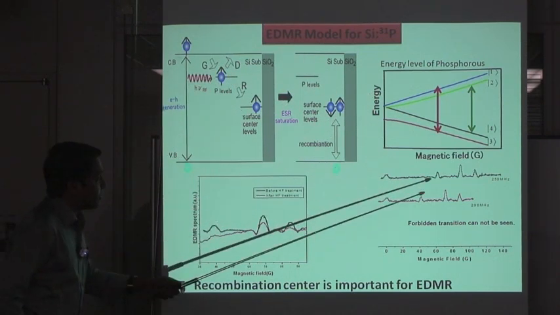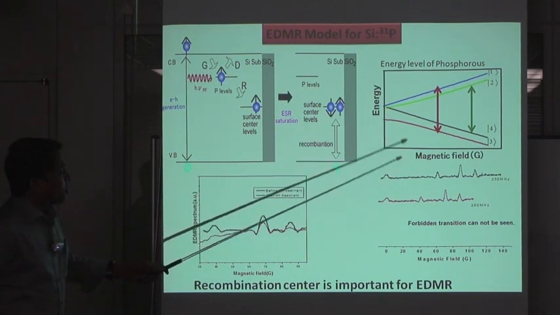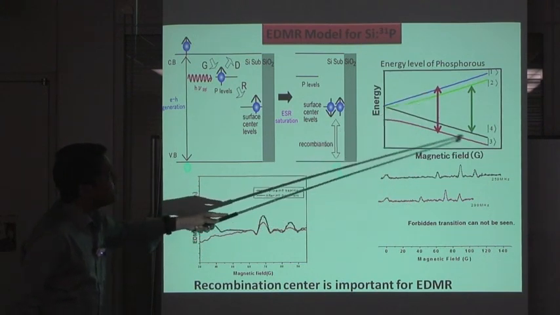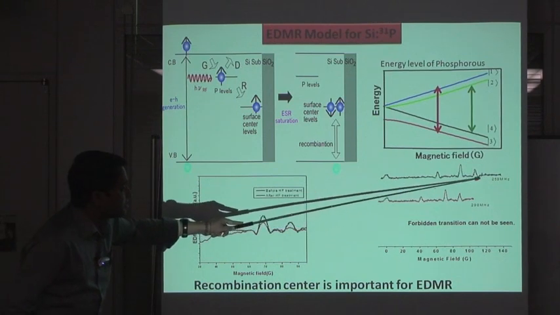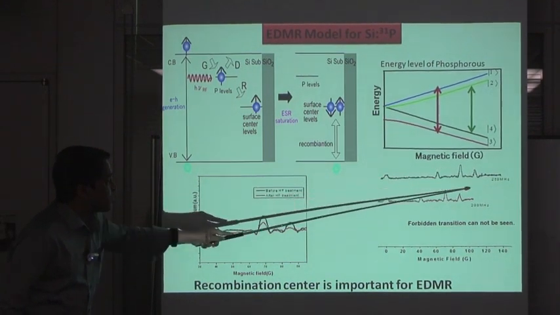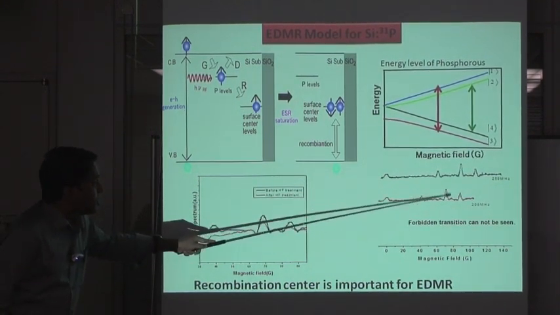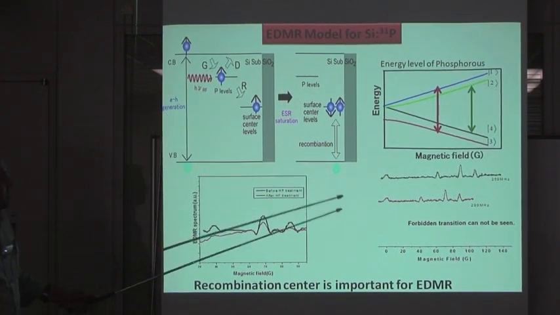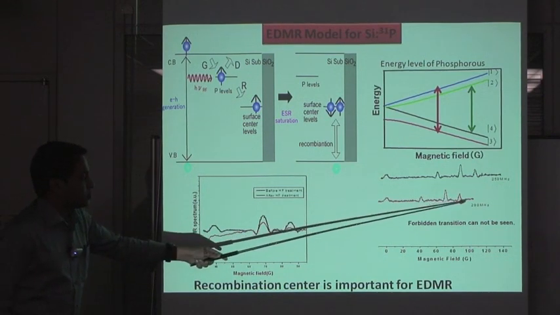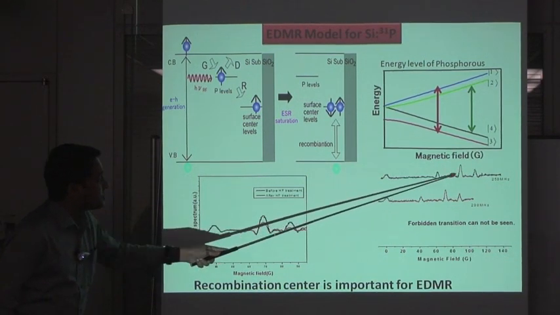So I show you my results of phosphorus. You see that these are the two ESR transitions which I was talking about earlier, and here are the signals of phosphorus. These two are the phosphorus signal. In the center you have a peak which is from the surface center signal, and we are not much interested in detecting this, and today I won't be talking about these signals, but only about phosphorus.